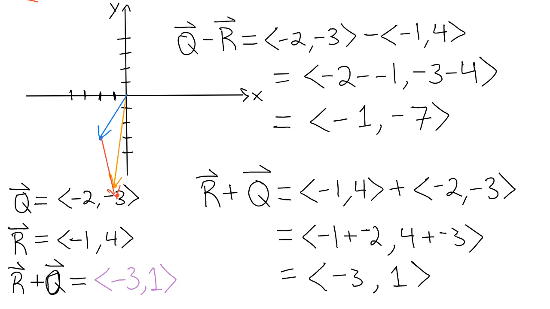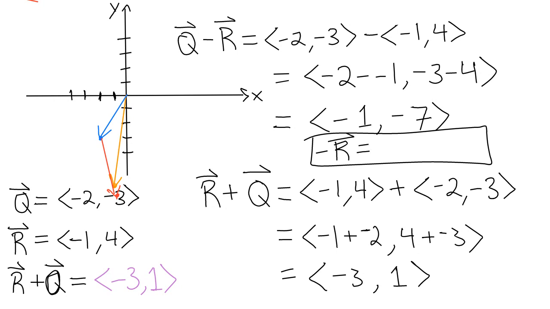So that means if I did the vector -R, you just make the components negative. So instead of -1, it's +1. Instead of 4, it's -4.